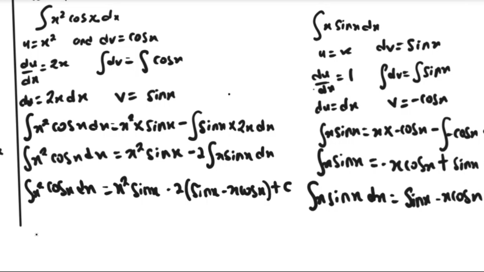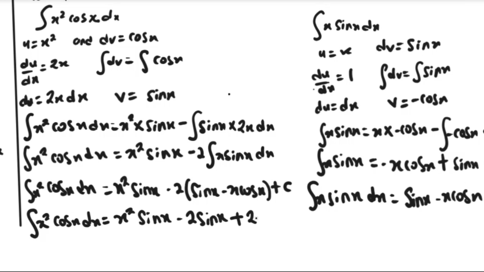So we'll just write plus c. So here integral x squared cos x dx will give us x squared sine x minus 2 sine x plus 2x cos x plus c.